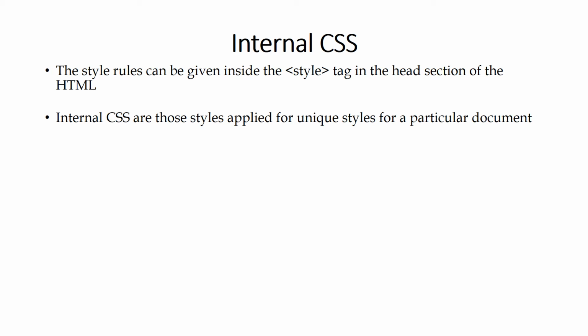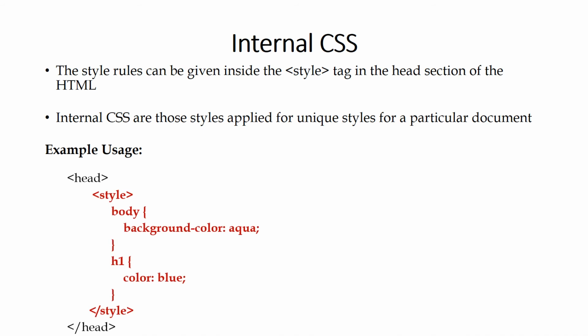So for a particular page, we can go for this internal CSS, wherein these styles will be applied only to that particular document. So this is the example usage for internal CSS, wherein you can see there are two style rules given here, for body and h1.